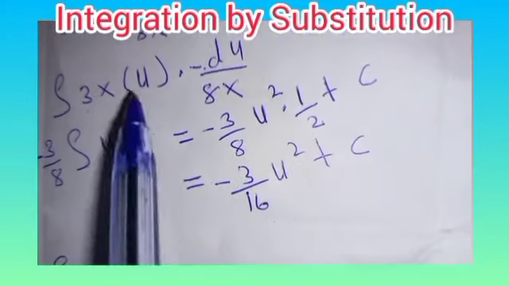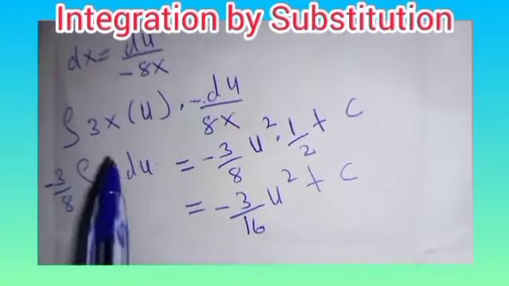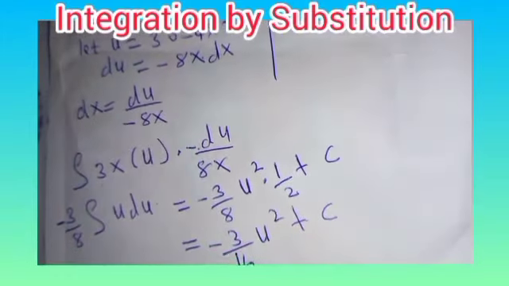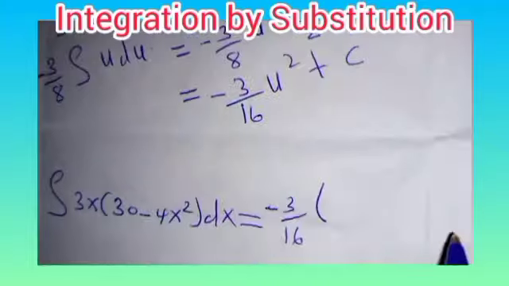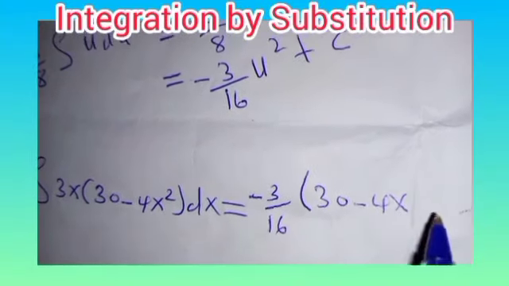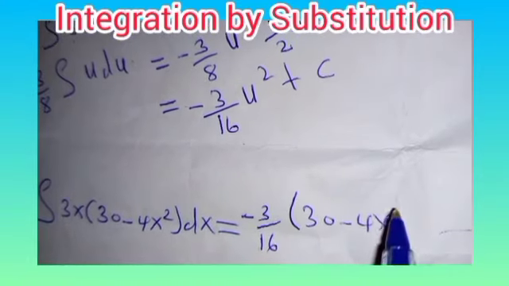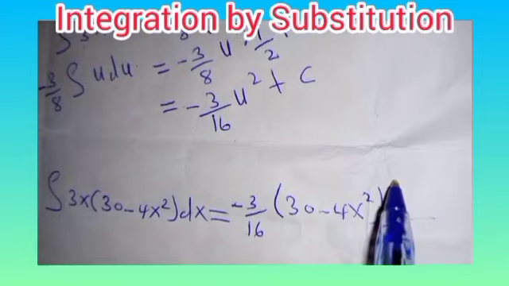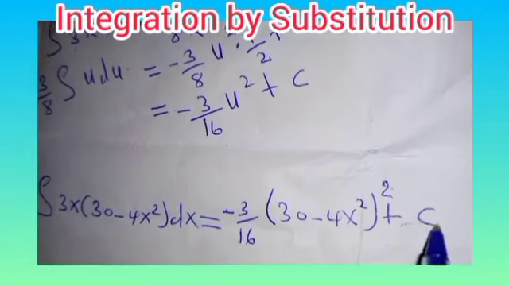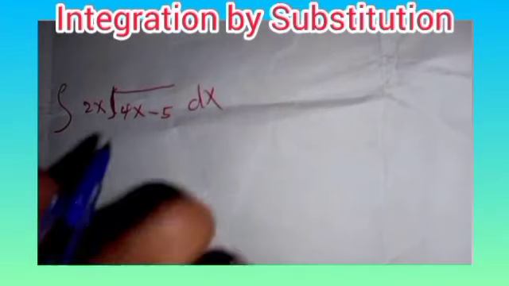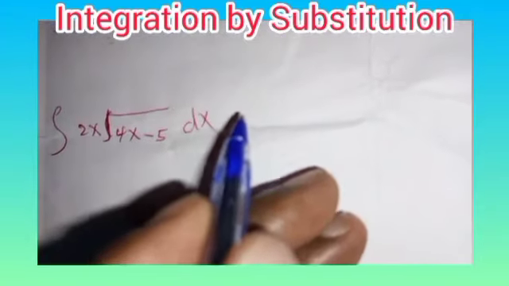Our value of u squared is, we let our u be 3 minus 4x squared into bracket, we square that, plus constant c. That is our answer. We have this other scenario here.